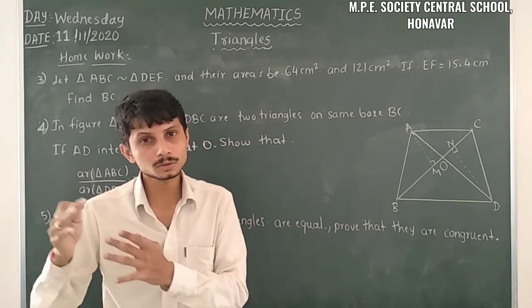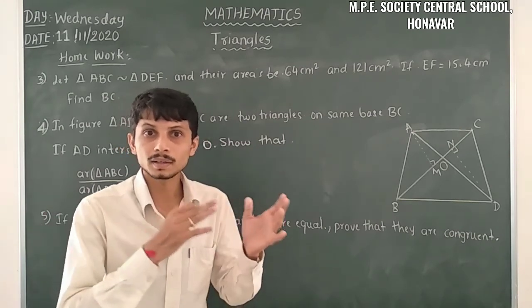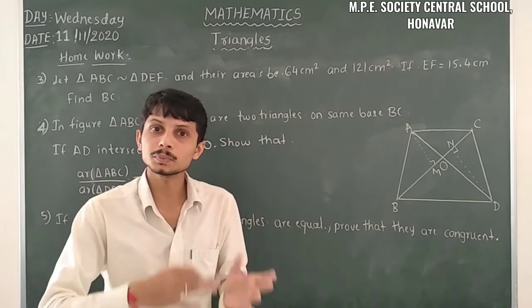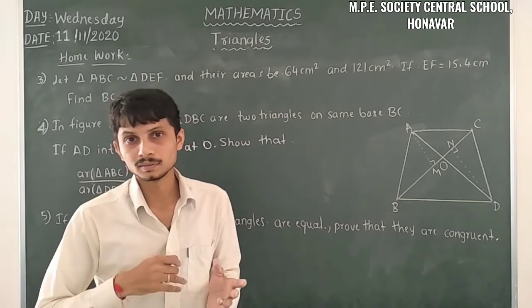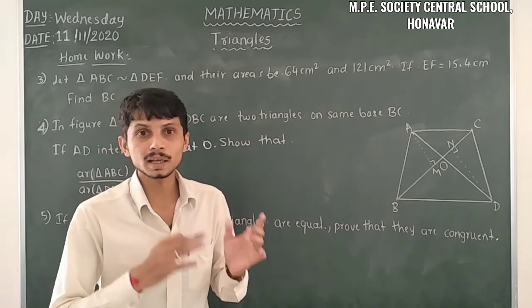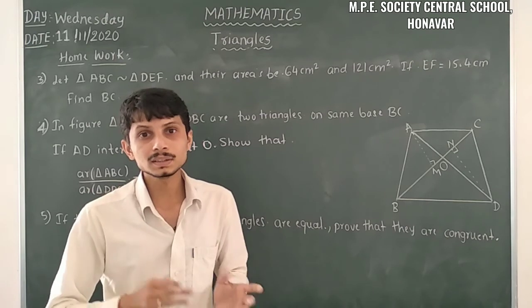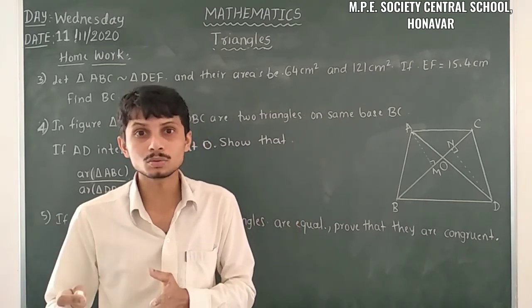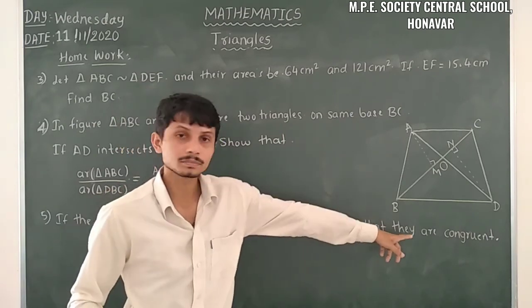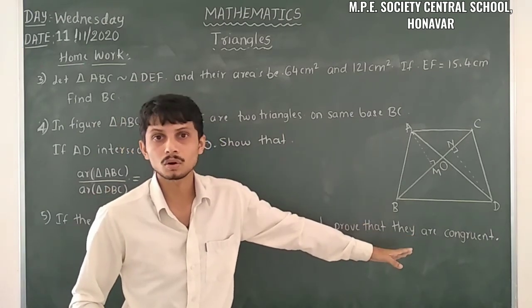AC by PR whole square is equal to 1. Then transpose the denominator to the RHS side. After that you get AB is equal to PQ, BC is equal to QR, AC is equal to PR. So from the SSS congruence rule, those two triangles are congruent.